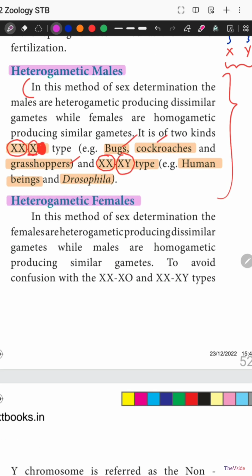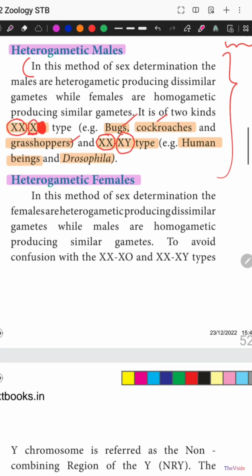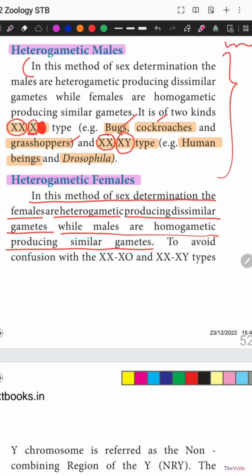And here in the heterogametic females, in this method of sex determination, the females are heterogametic, producing dissimilar gametes. In humans, we saw that the females will produce only one type of gamete. But in these types of organisms, the females will be producing two types of gametes and the males will be producing a similar type of gamete, right? So males are homogametic, producing similar gametes.